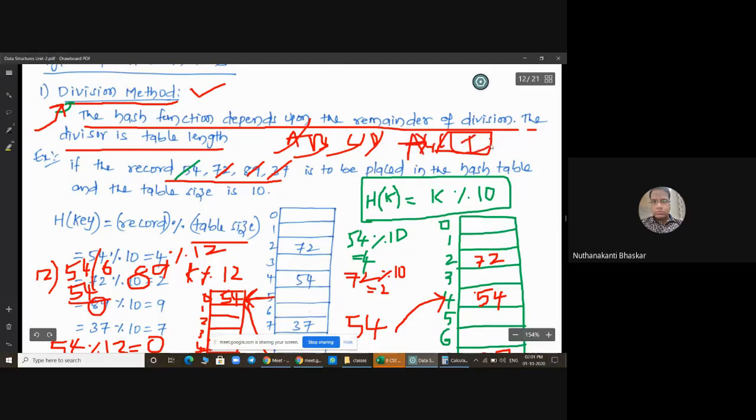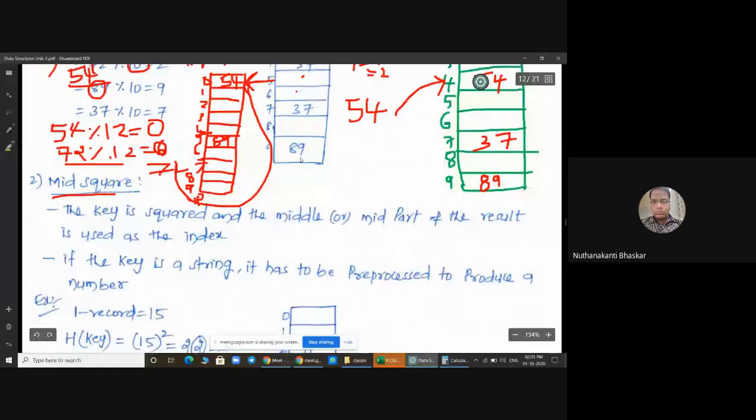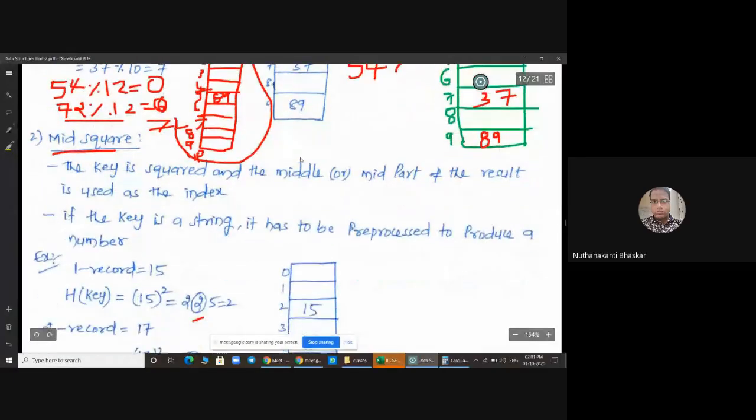Clear? Yes, sir. Means we can store the string also in the hash table, or any number you can store. But if you want to store a string in the hash table, you convert it into number format using ASCII. Clear that? Please don't get confused.